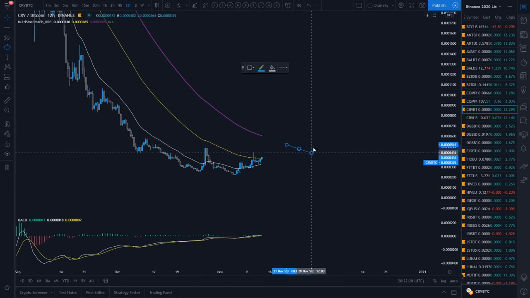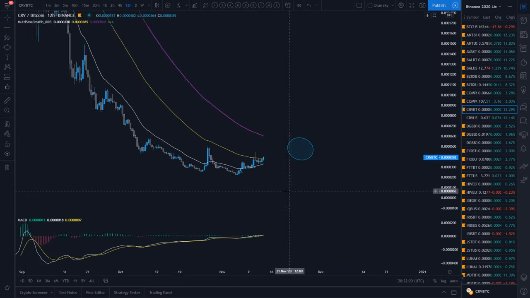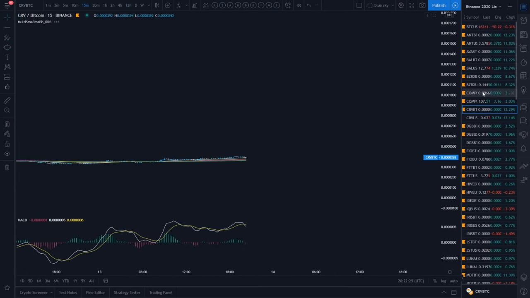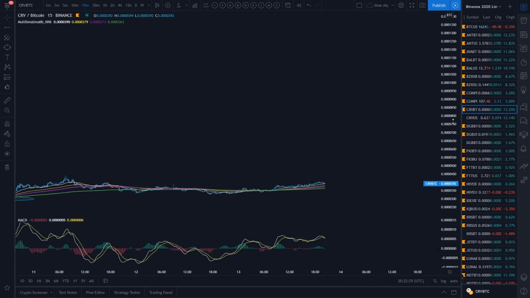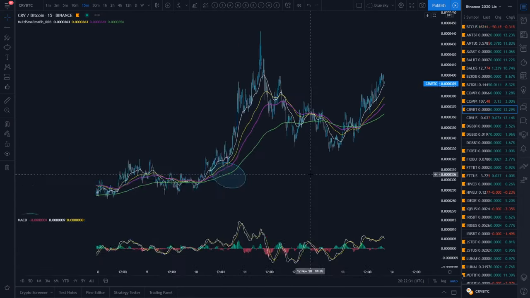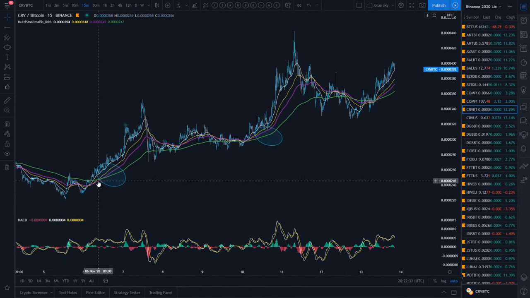Somewhere here maybe. So what I'm trying to explain to you is you can use the 15 minutes to buy dips as long as it works, because you will see that the coin finds support on the EMA at 200 in the 15-minute time frame here until it doesn't work no more.